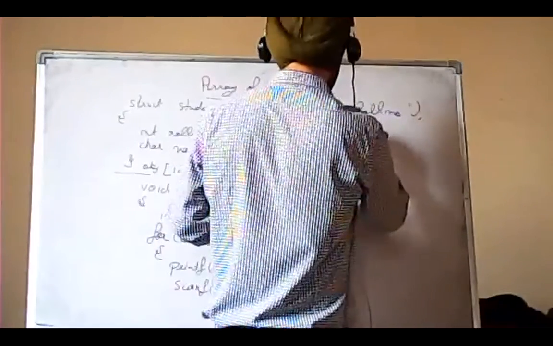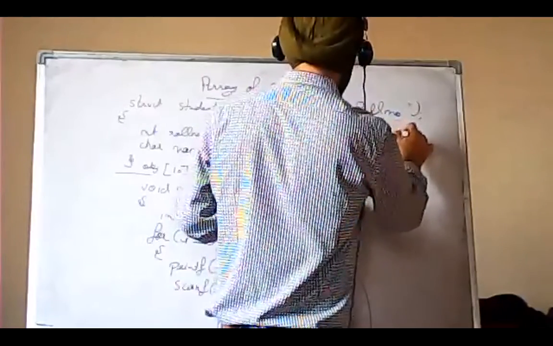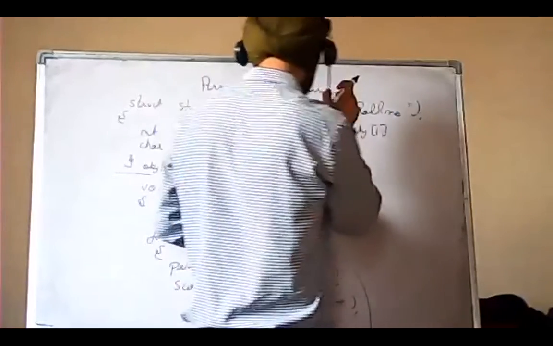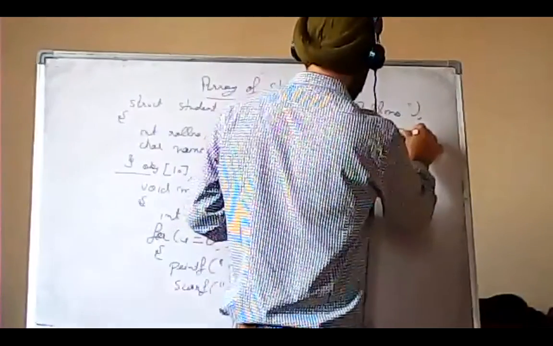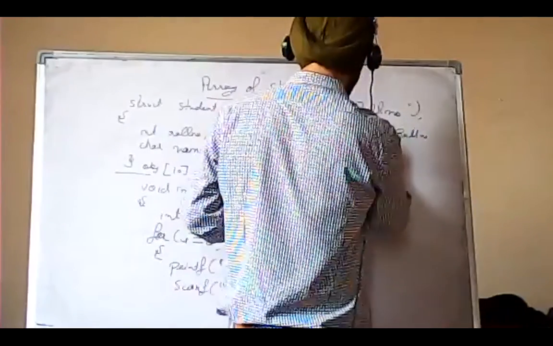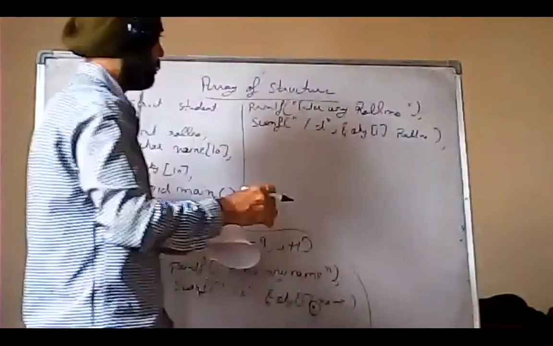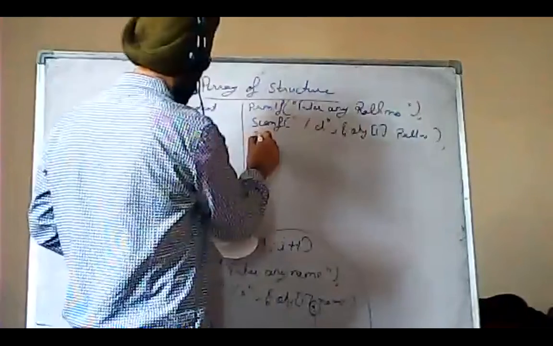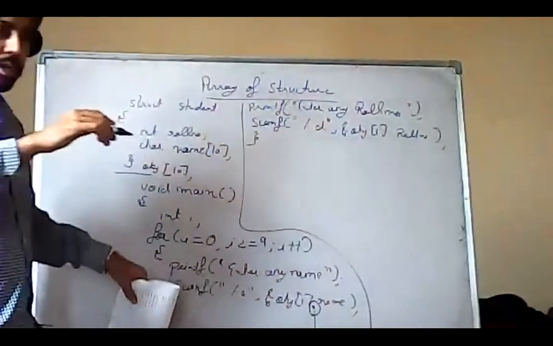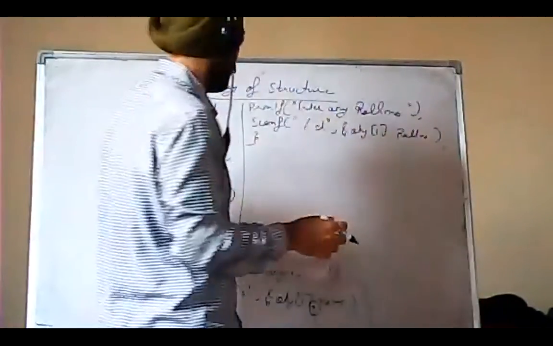Suppose here I am just going to use obj i dot roll number. So the next step is to close the for loop for inputting the value, and the next step is to print the value. So how can we print the value?